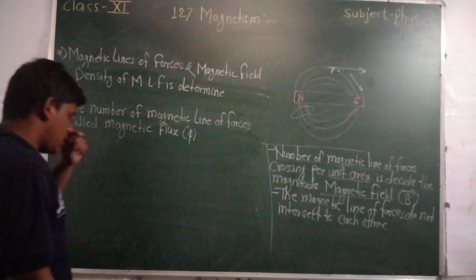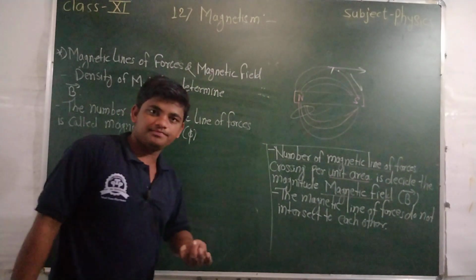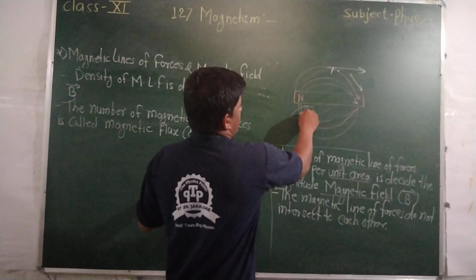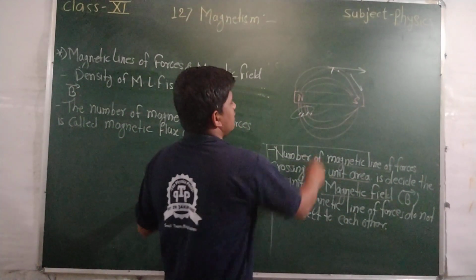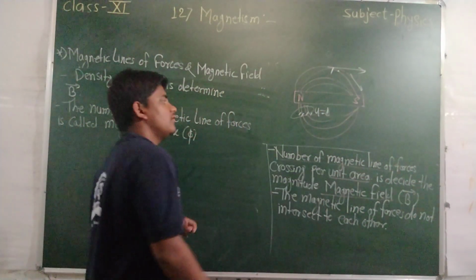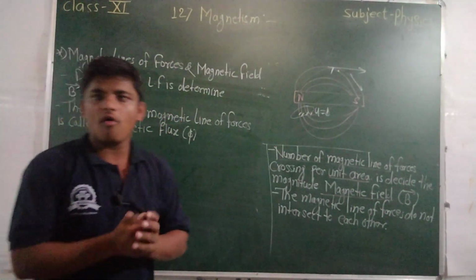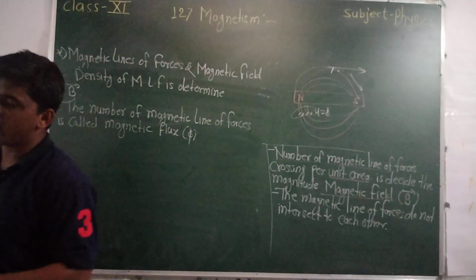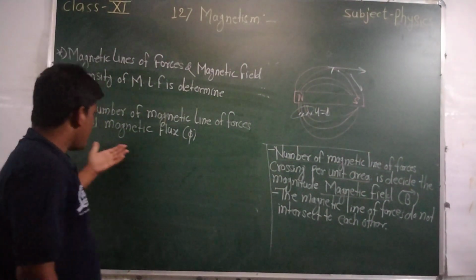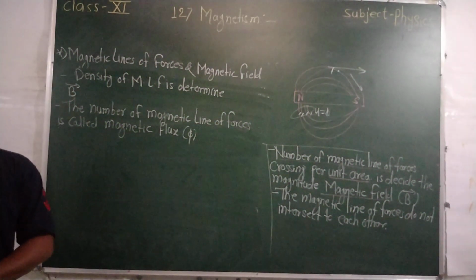Magnetic flux is denoted by phi, one of the Greek letters. The number of lines of force: this is 4 and this is 4, so phi equals 4. This is the number of lines of force; the number of magnetic lines of force is called magnetic flux.